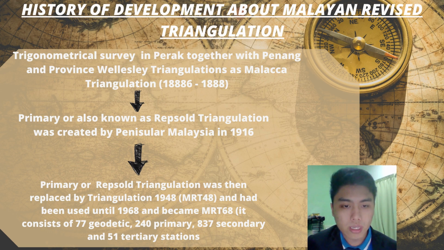This triangulation scheme in Peninsular Malaysia, which was completed in 1960, is known as the Primary Revised Triangulation.